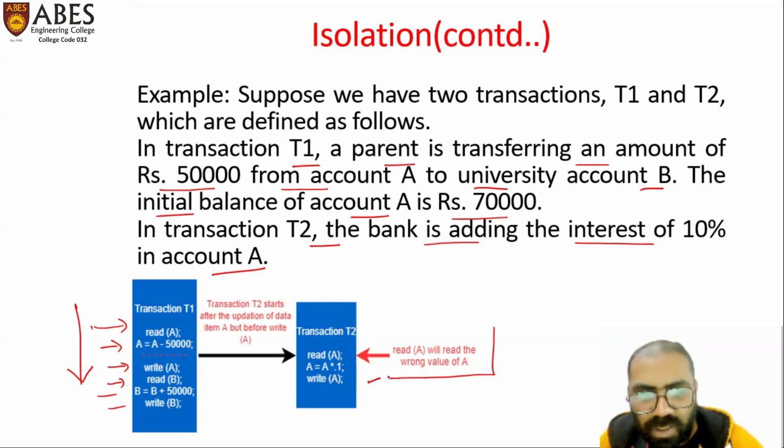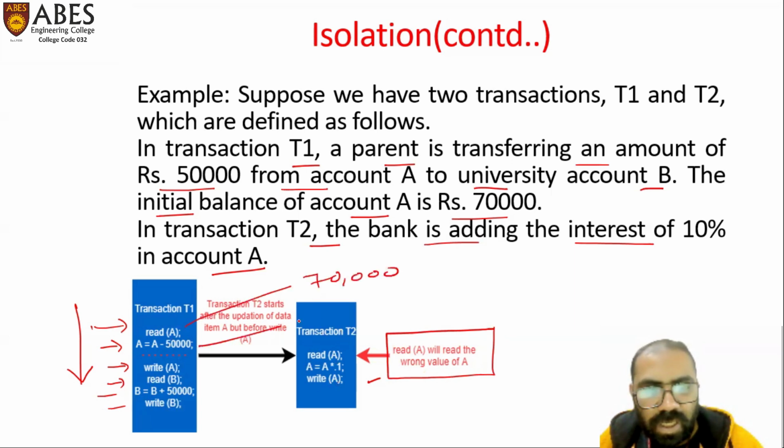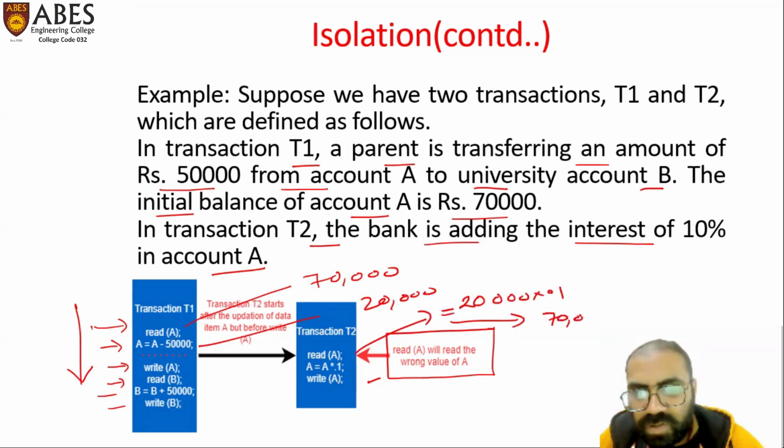Read A will give the wrong value. Why? Because A here is 70,000 and A here is 20,000. It intervenes in the middle of this transaction, so the interest will be computed on 20,000 times 0.1, whereas it should be computed on 70,000.